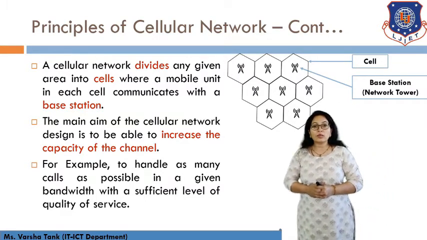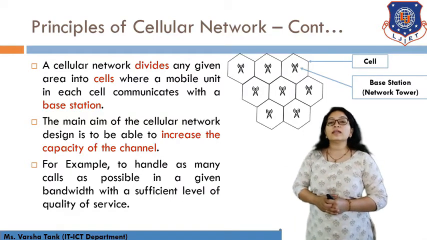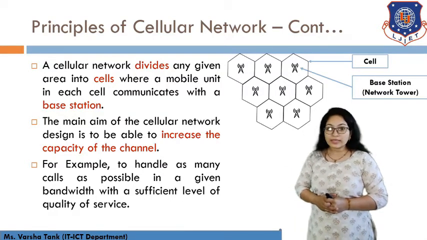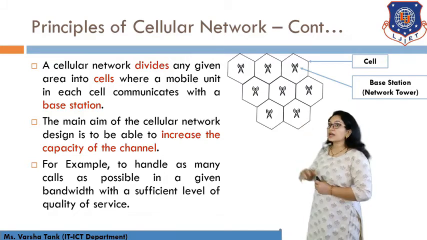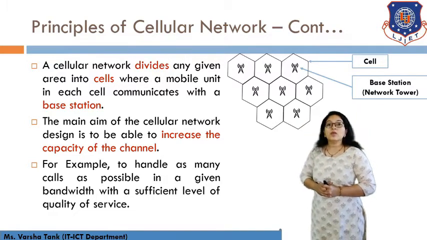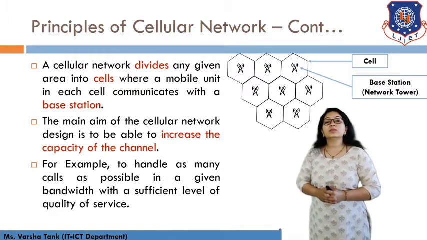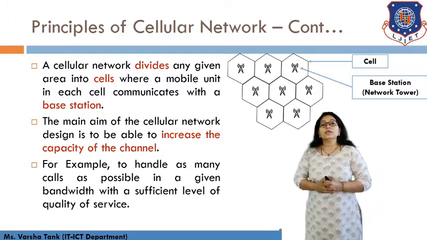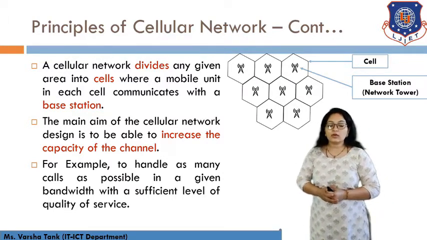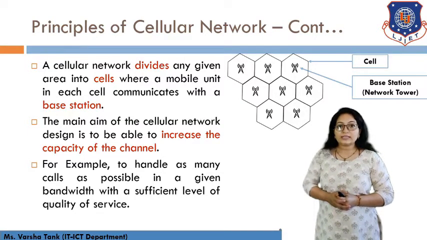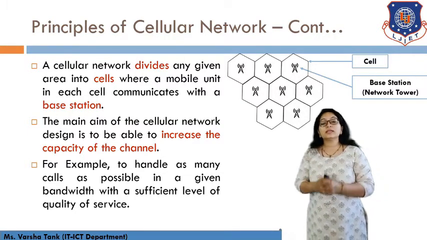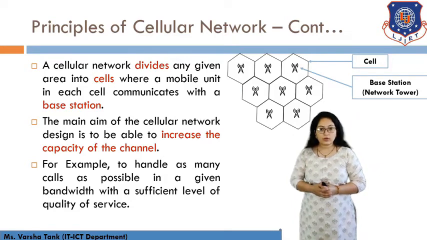Let's have a look at this description. A cellular network divides any given area into cells. As I told you, the entire area is divided into cells, where a mobile unit in each cell communicates with the base station. The main aim of the cellular network design is to increase the capacity of the channel.